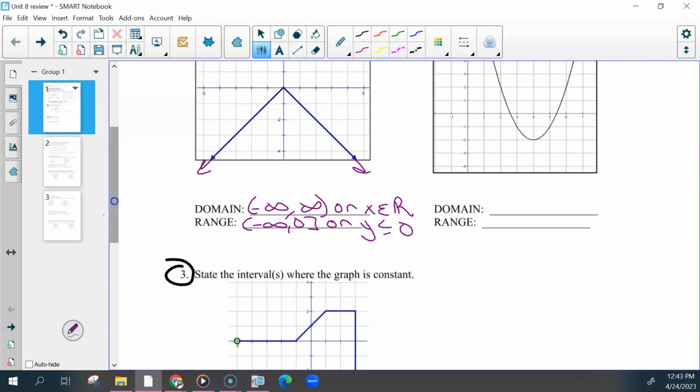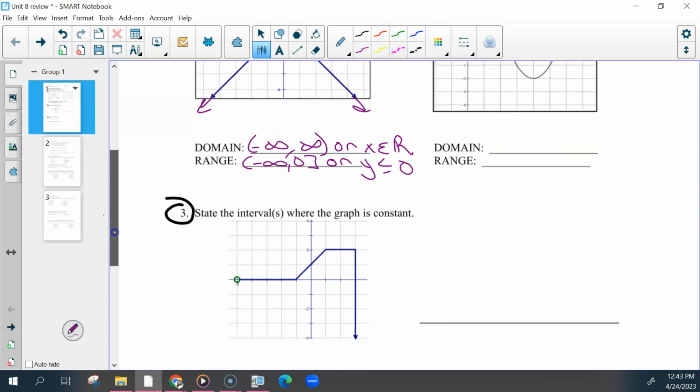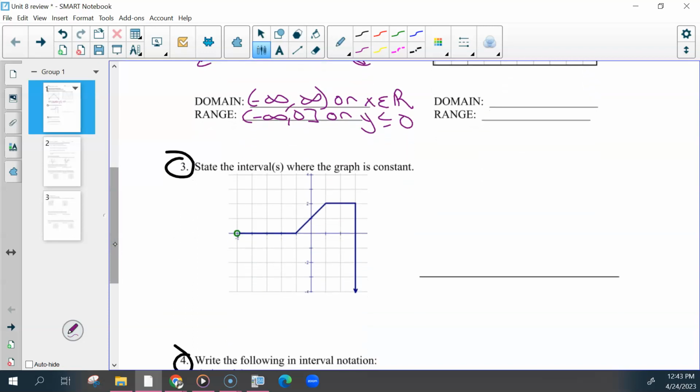Questions on that before we continue? For number 3, you're looking for where on the graph this is constant. So as you're looking left to right, where are your y values staying the same?